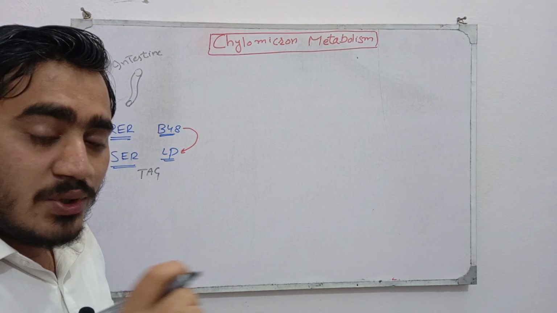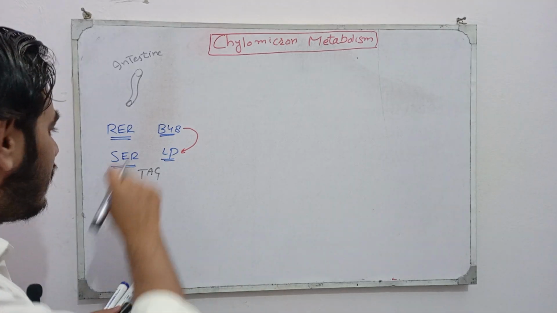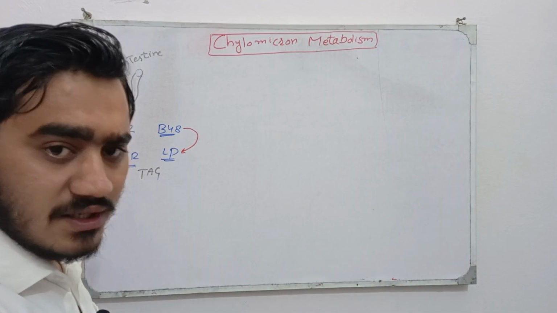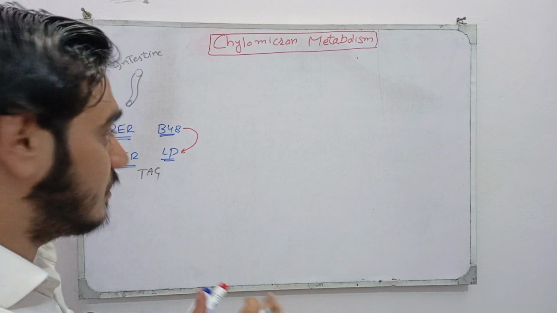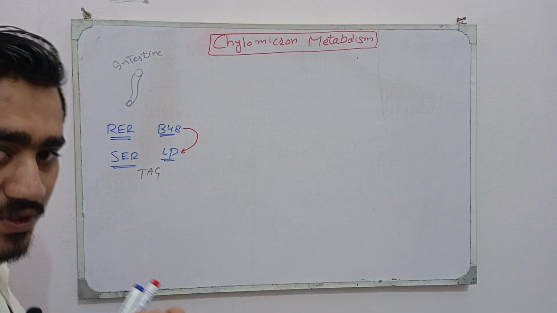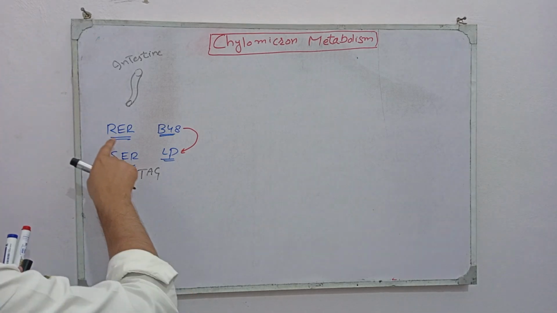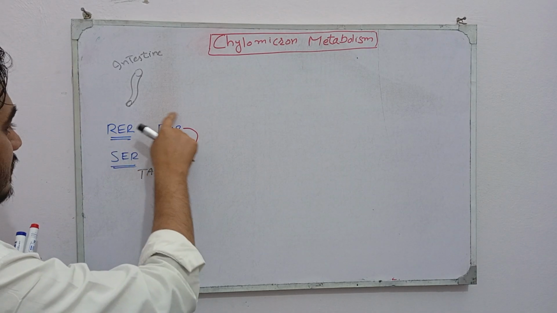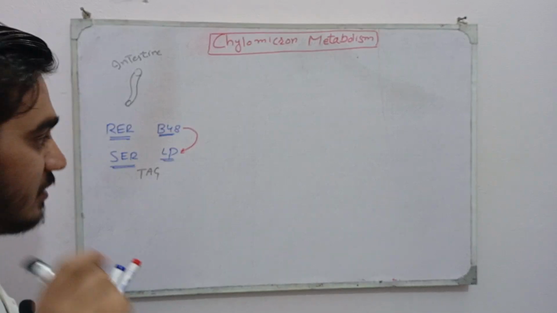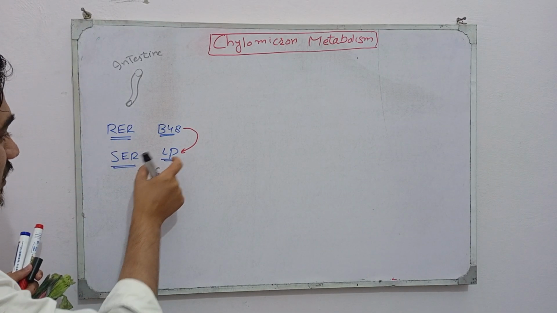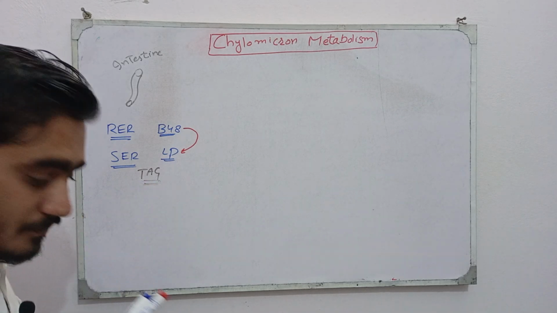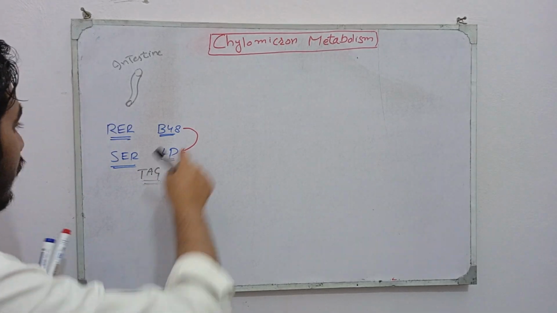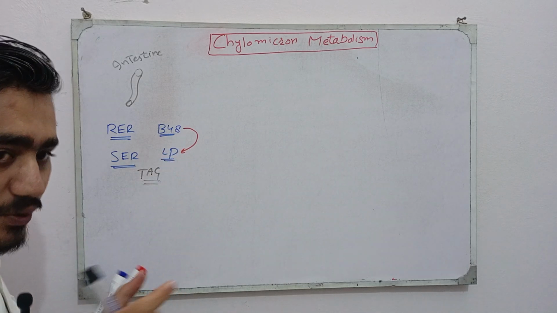Through reverse pinocytosis, they are transported into lymphatics. With the help of the thoracic duct, they are transported into the blood. Okay, students, I am repeating again. In rough endoplasmic reticulum, there is synthesis of Apo CIII protein. In smooth endoplasmic reticulum, there is synthesis of lipoprotein and triacylglycerol, and Apo CIII gets incorporated in lipoprotein.